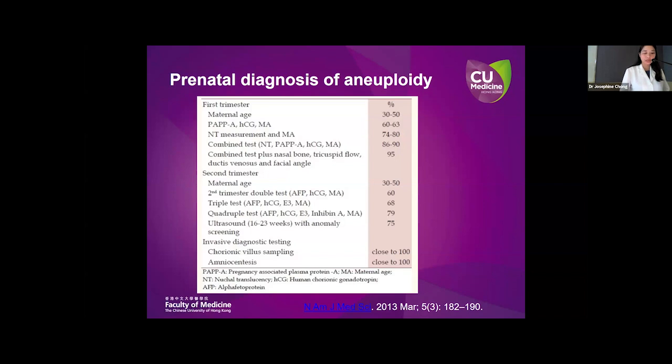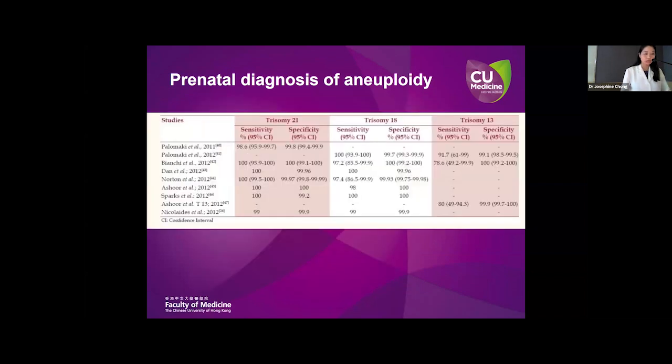If an invasive molecular test has been performed, usually the diagnostic yield is close to 100% for chromosomal abnormalities. Different papers quote different sensitivities and specificities of NIPT testing, but the most important thing is that we have to understand it is not 100%.